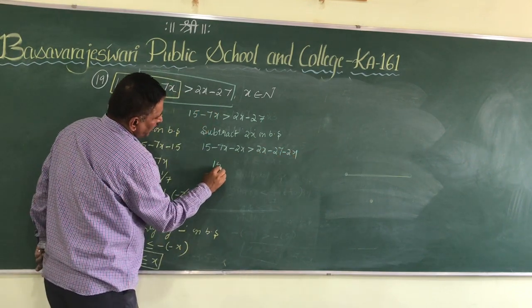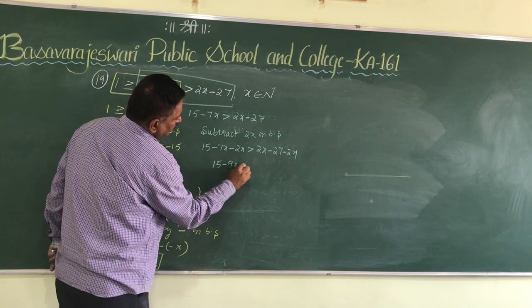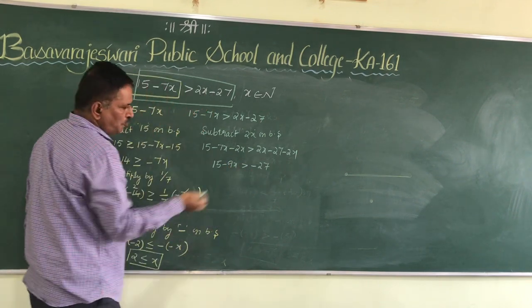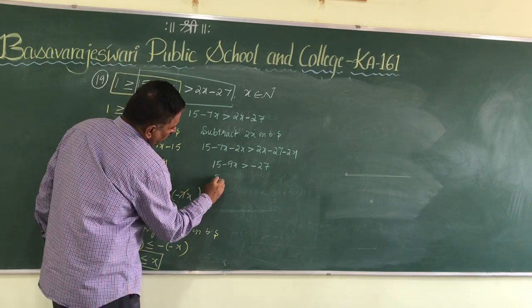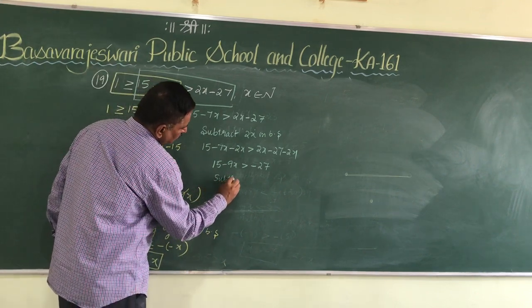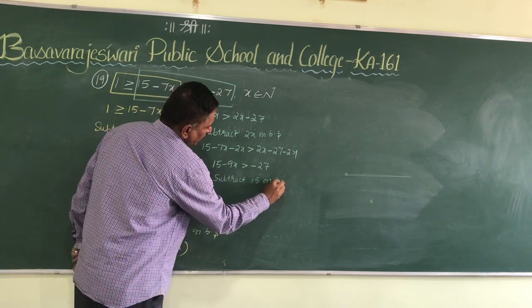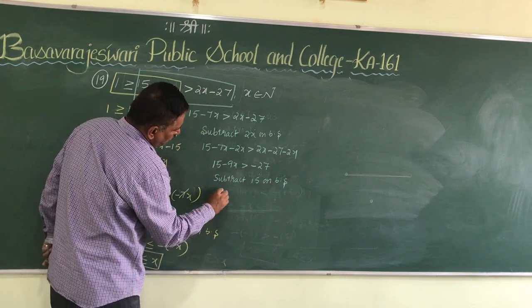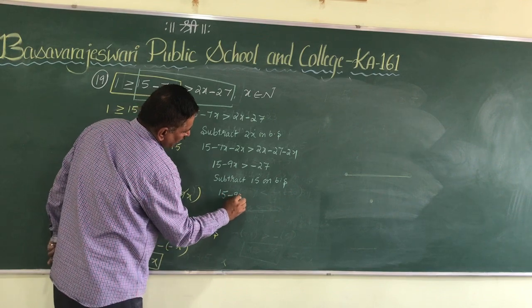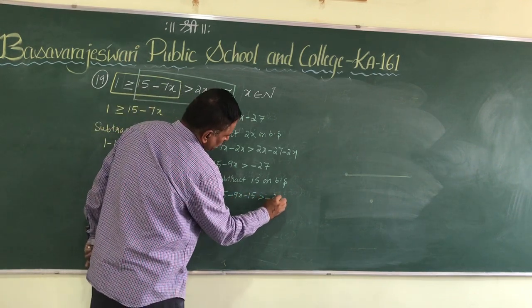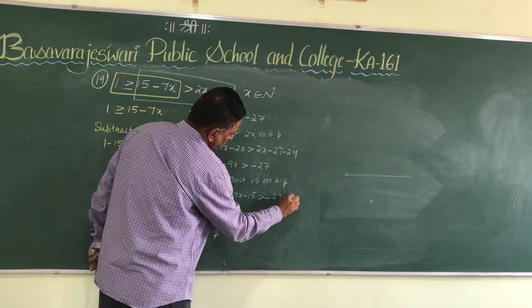So I will get 15 minus 9x is greater than minus 27. Now I have to remove 15, so I should subtract 15 on both sides. Now this becomes 15 minus 9x minus 15 is greater than minus 27 minus 15.